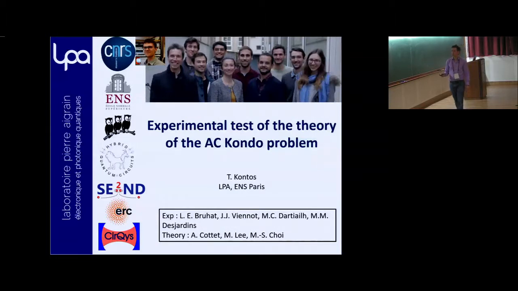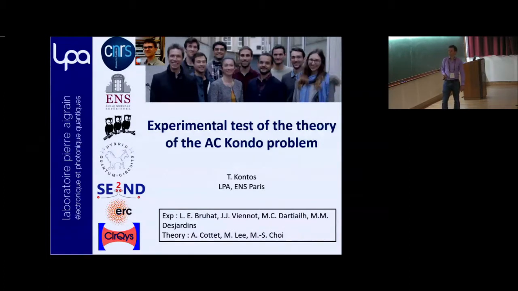But this work was somehow done before these guys came, and at that time it was Jérémy Viennot, also Matthew Dartiaille as well. And on the theory side, we have benefited from the long-standing collaboration with Audrey Cotet. And also for the last part, I'm going to show numerical renormalization group plots from Min-Chul Lee and Man-Soo Choi from Korea.